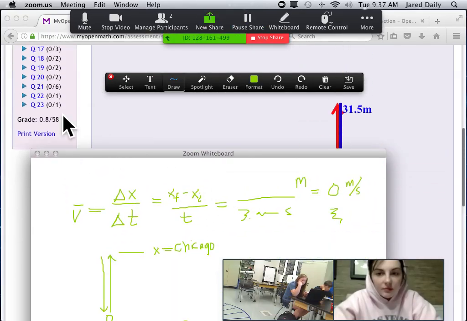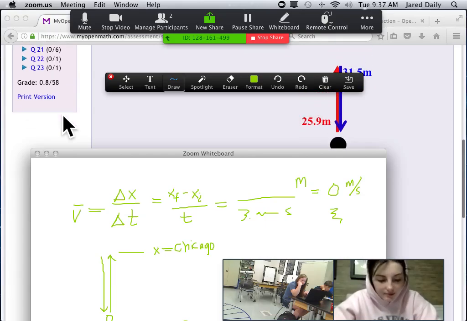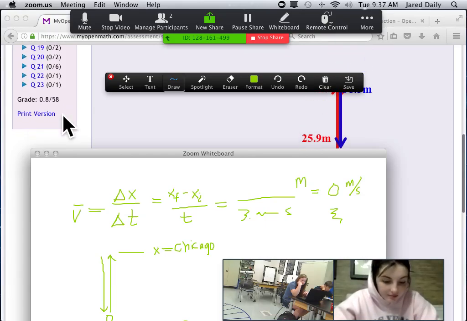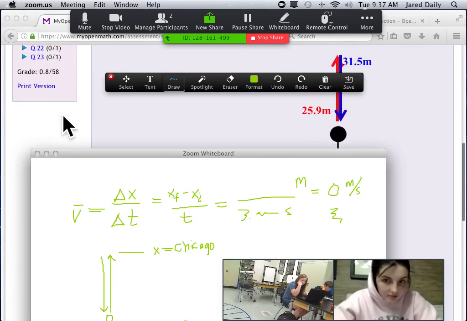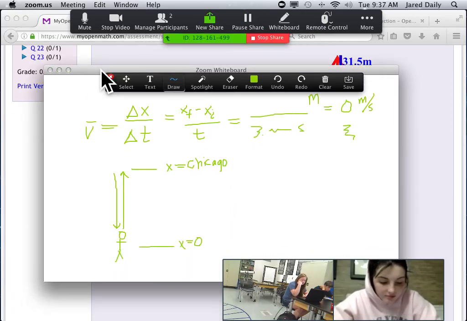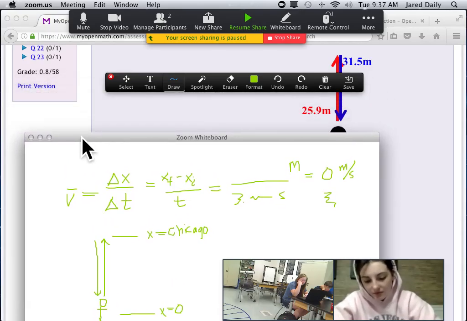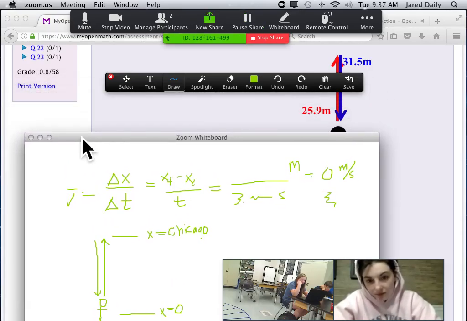So we go from 0 to 25.9, and then we go 31.5 back. So our total change. Oh, I didn't divide by the right. That's what I did. I didn't divide it. Okay. So it is 5.6.